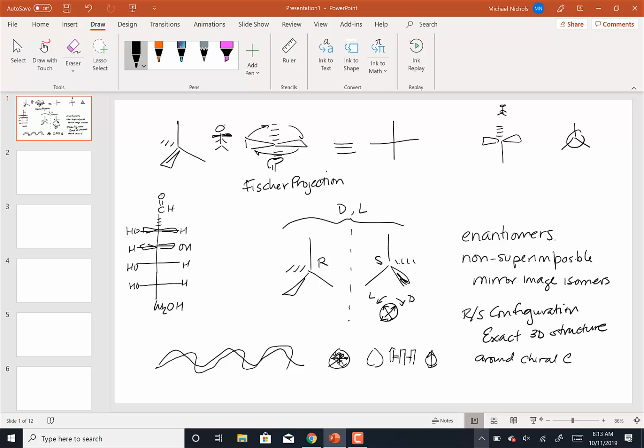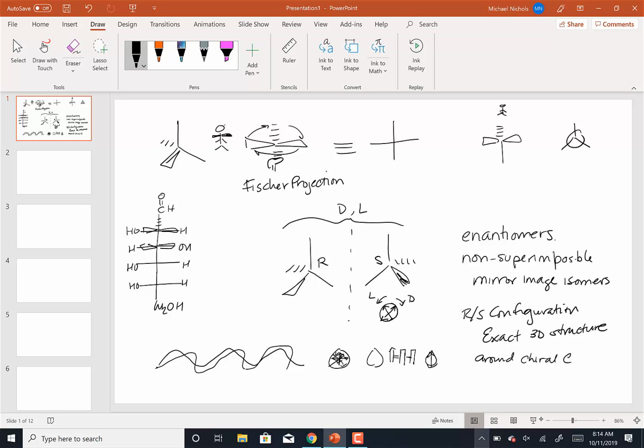So I have to isolate pure R or pure S, put it in the polarimeter and determine whether it's D or L. Some R molecules are D and some R molecules are L. There's no correlation between D and L and R and S. It's up to the individual molecule. It's easy to find out whether it's D or L. You just put it in the polarimeter, see which way it rotates plane polarized light.